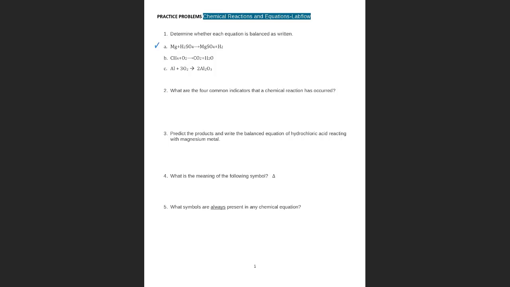Magnesium reacts with sulfuric acid to produce magnesium sulfate and hydrogen gas. Is this equation balanced? What do you need to do in order to know if the equation is balanced?